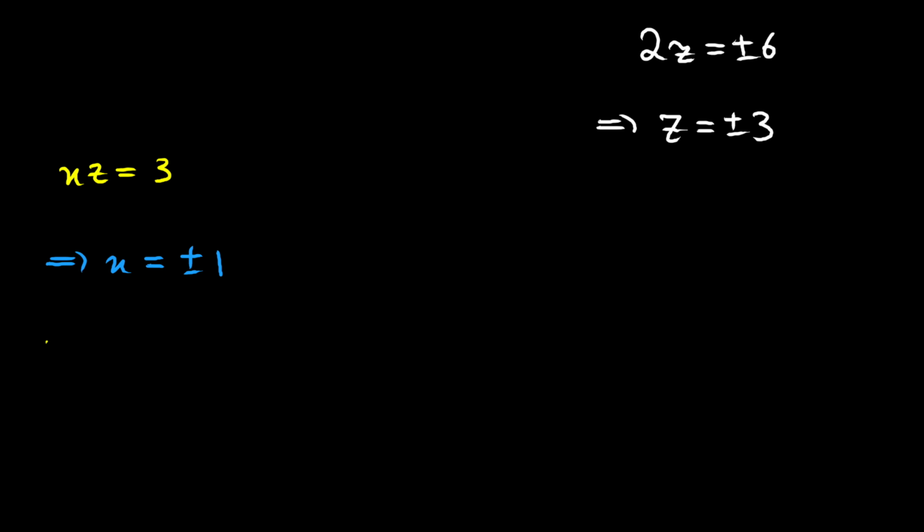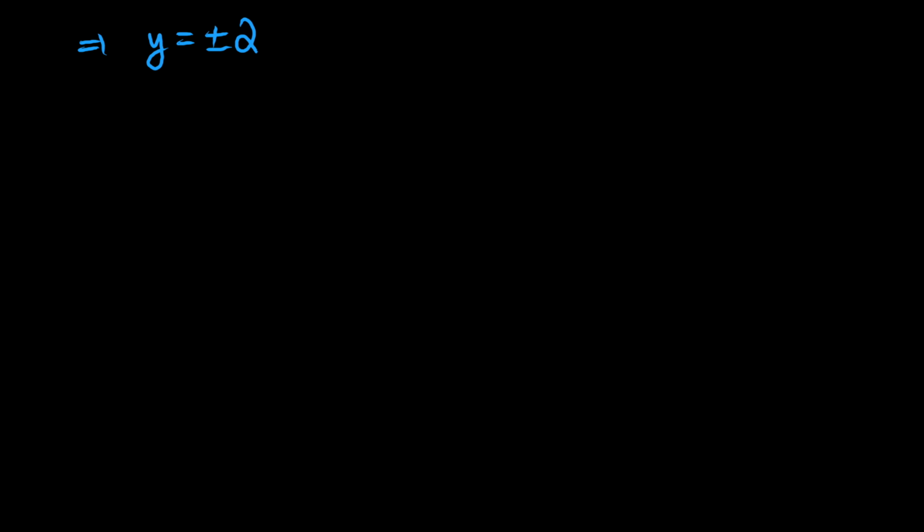And we also know that x times y is 2, so since x is positive or negative 1, y has to be positive or negative 2.